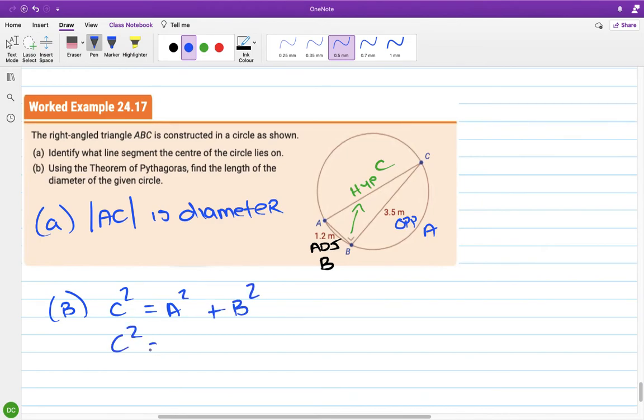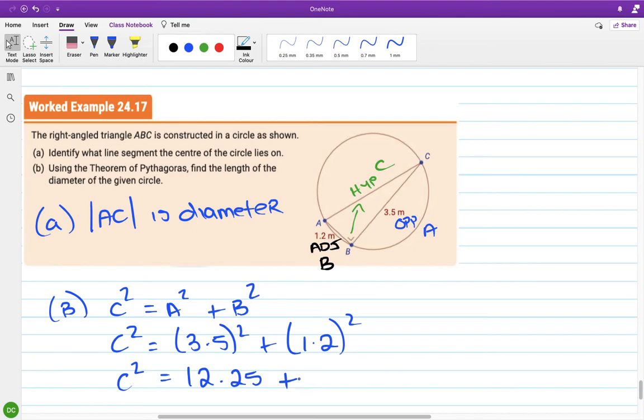So we have C squared equals A squared plus B squared. So C squared equals 3.5 squared plus 1.2 squared. 3.5 squared is 12.25 and 1.2 squared is 1.44.